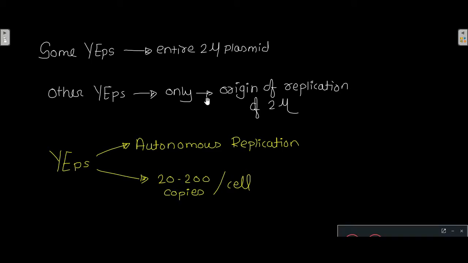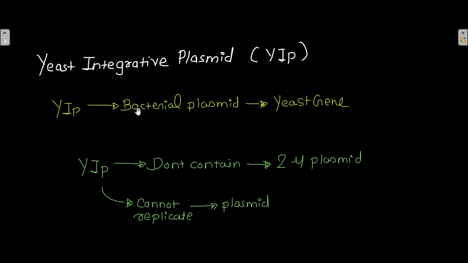Now, let's talk about the second type of yeast vector, which is the yeast integrative plasmid, abbreviated as YIP. This YIP is actually a bacterial plasmid which carries a yeast gene. That is what the yeast integrative plasmid is all about.